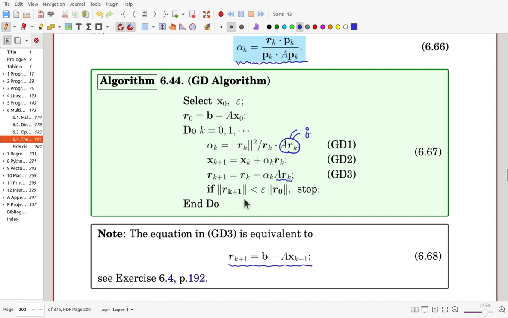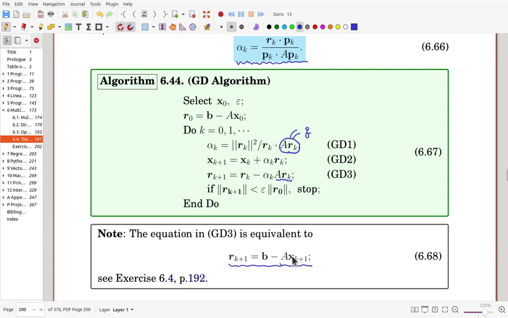so that for each iteration, you can do only one matrix-vector computation. In this algorithm, the most expensive portion is the matrix-vector computation. But if you use this definition, then you have to do one more matrix-vector computation. Rather than that, we are using this one. This one and that one are the same.